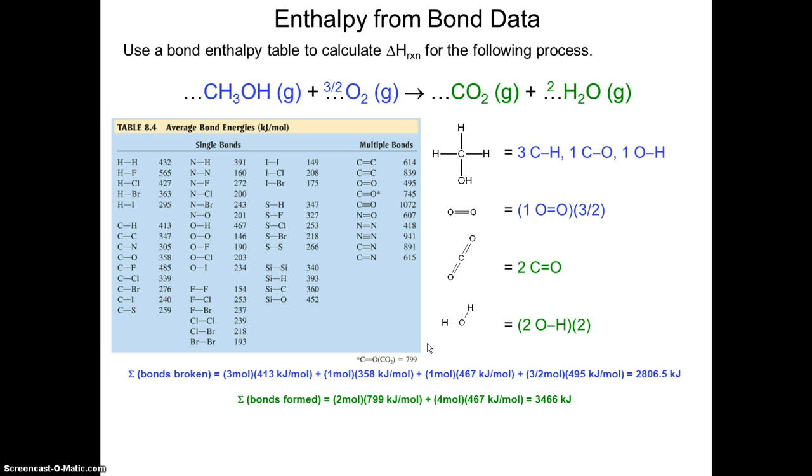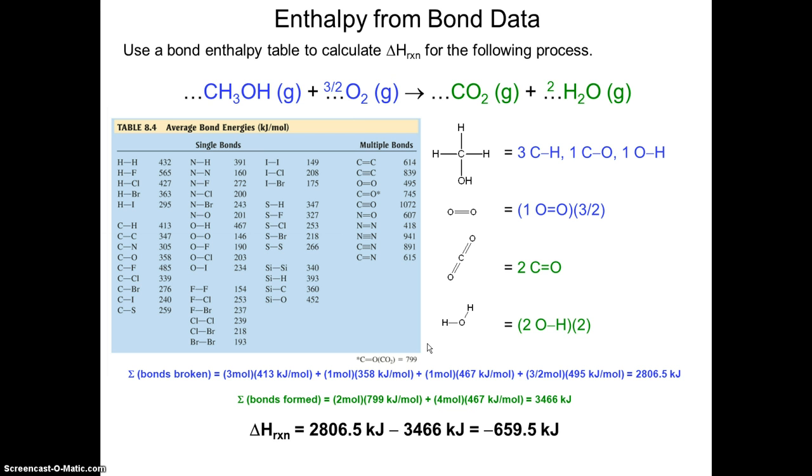Now the way this is set up, I know when we did formation enthalpies, we did products minus reactants. Because of the definition of bond enthalpy, we do this backwards. We do reactants minus products, because the energy coming into the system goes to breaking the bonds in the reactants, and then when they form together to make new bonds, that energy is released, and so that's the negative sign convention for our energy.